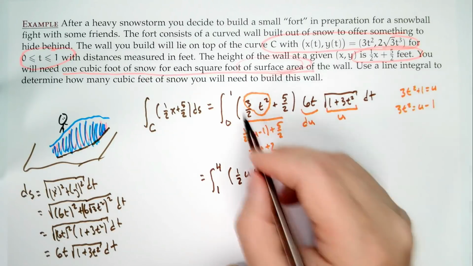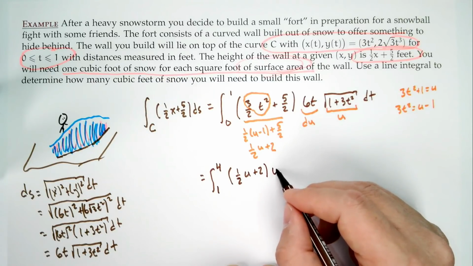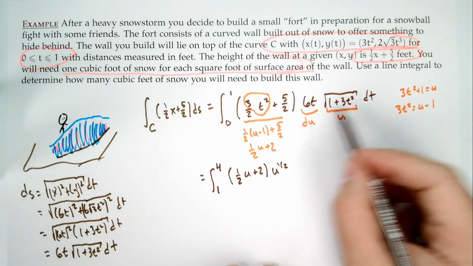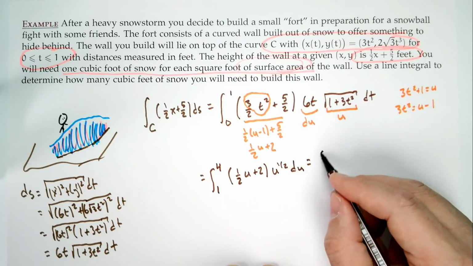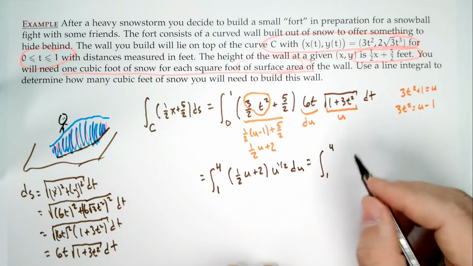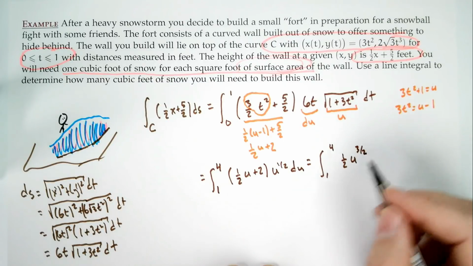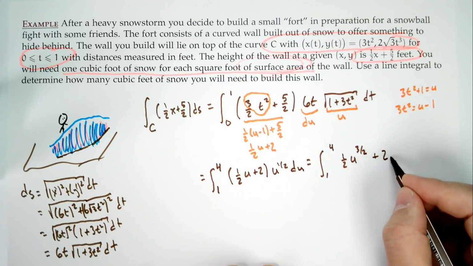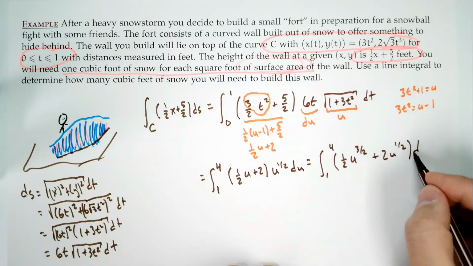That's the part here. Then we're going to have square root of u, or u to the 1/2, and then the 6t dt becomes du. So this becomes the integral from 1 to 4 of 1/2 u to the 3/2 plus 2 u to the 1/2 du.